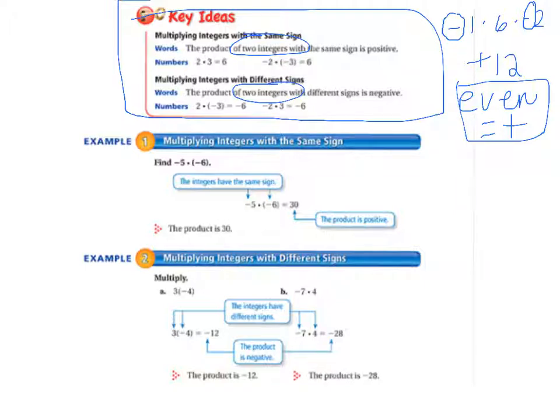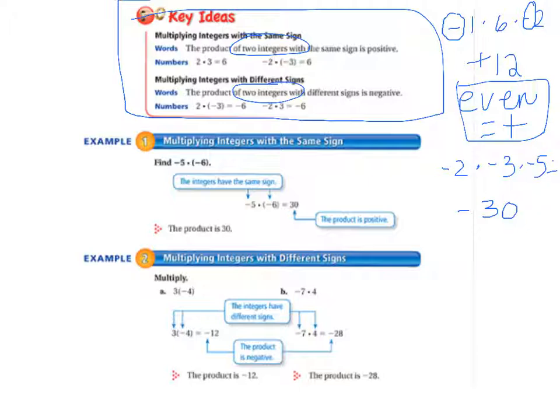So let's do an example of that. So if you had negative 2 times negative 3 times negative 5, that would be 2 times 3, which would be 6 times 5 is 30.